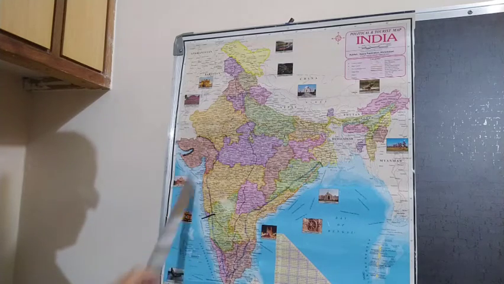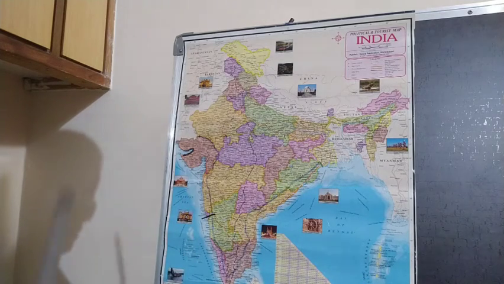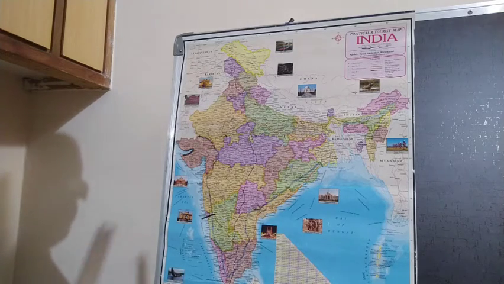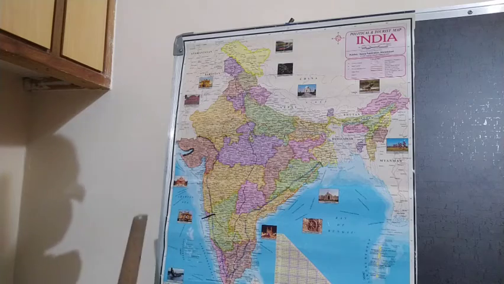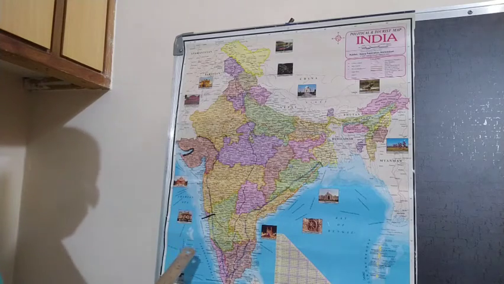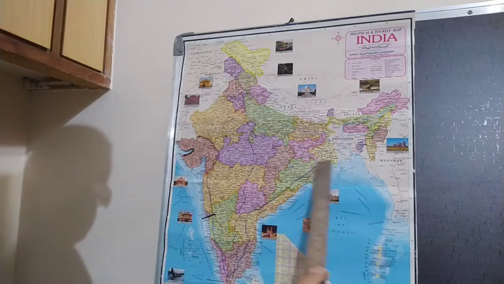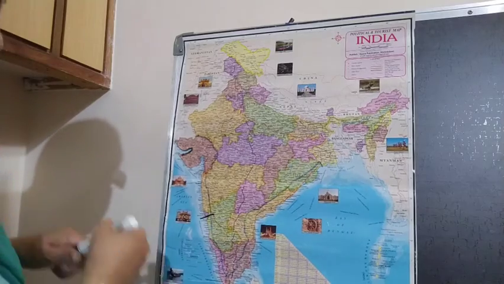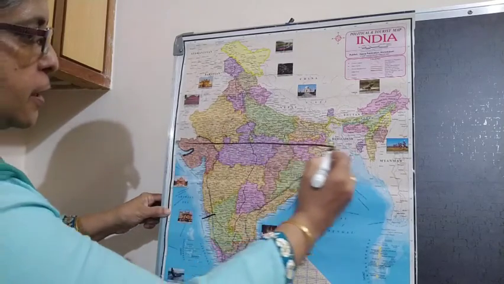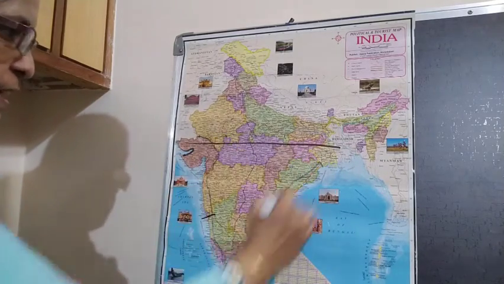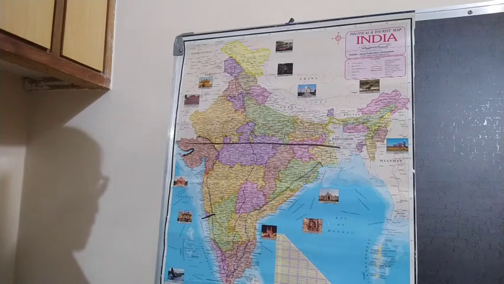Coastal plains and islands. So now you understood. Our next lesson is chapter number 9, coastal plains and islands. In the map you have seen this part many times. If I draw the line from here, this part is known as peninsula.